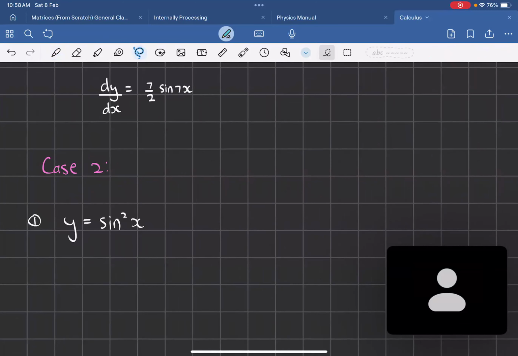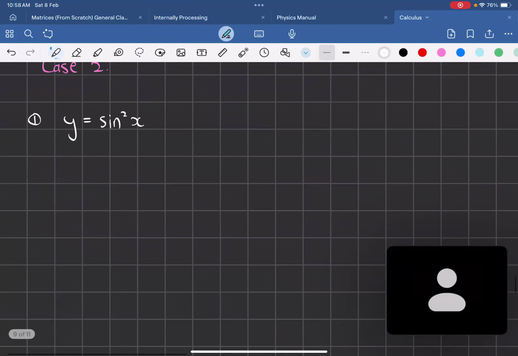Aliyah, what does sine squared x mean? Sine by sine. Right. That means sine x by sine x. Another way I could write that is sine x all squared. Maybe you might see it better like this. This and this mean the exact same thing.